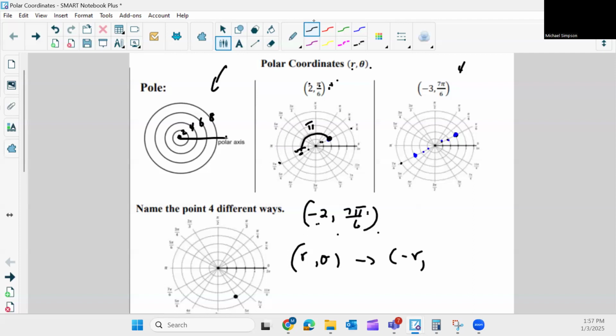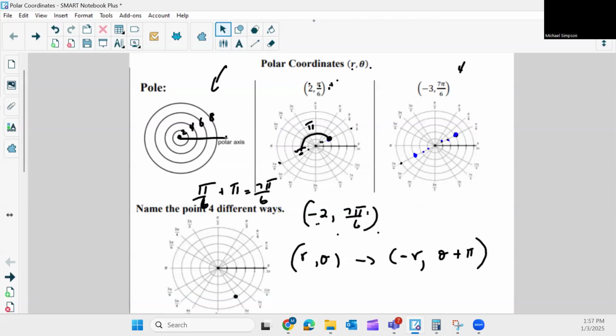If I add pi to the angle pi/6, it gives me 7pi/6. So if I flip the r value and make it negative, and I add pi to the original angle, I end up with the same thing.